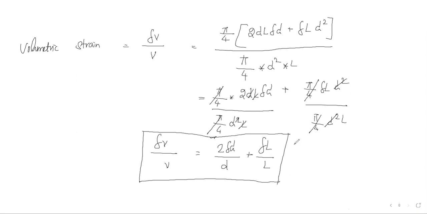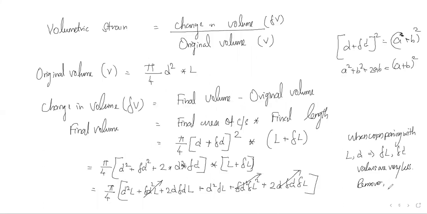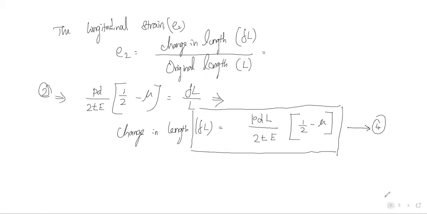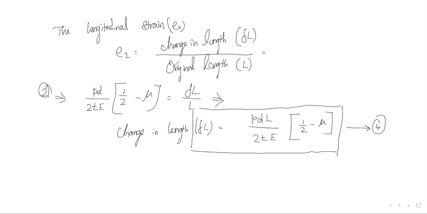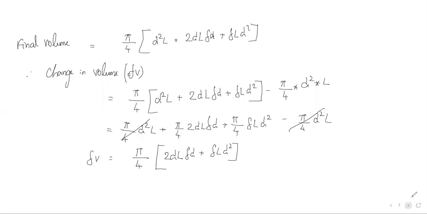Now, if I consider that del D by D is nothing but E1, and del L by L is nothing but E2, so that I am going to incorporate here.